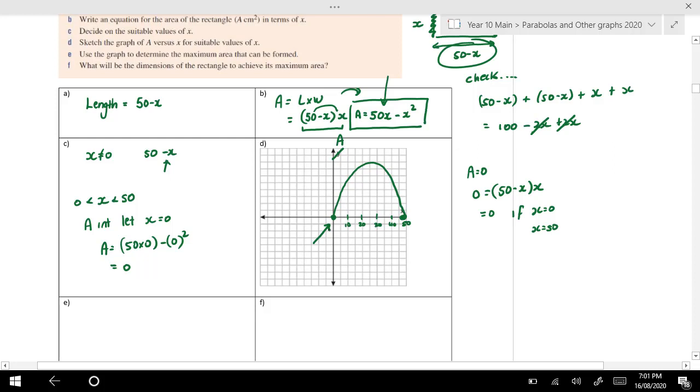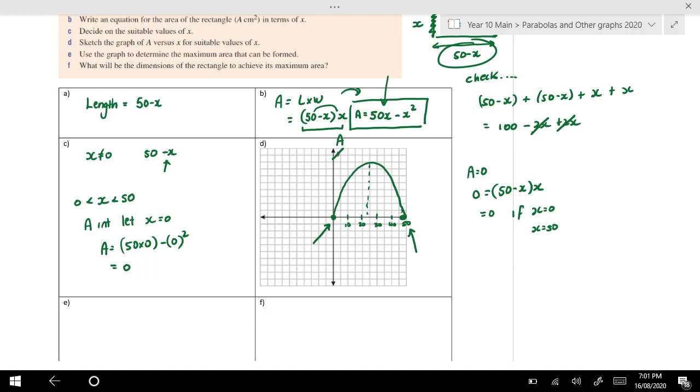That really wouldn't make much sense, would it? If x is equal to 50, then the length would be 50 take x, 50 take 50 is 0, so you'd also get an area of 0. So we've got to find the optimal area somewhere between there. As you can see, looking at this graph, it's halfway between the two intercepts.